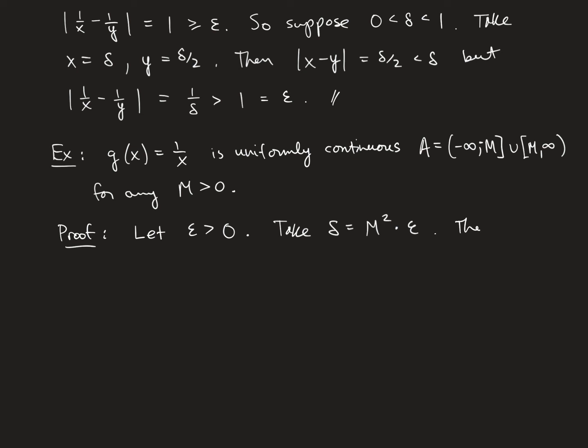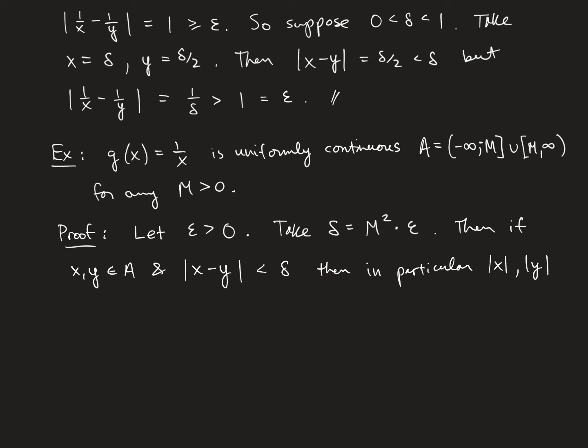So then if x and y are in A and x and y are within delta of each other, then in particular, the absolute value of x and the absolute value of y are bigger than or equal to m.